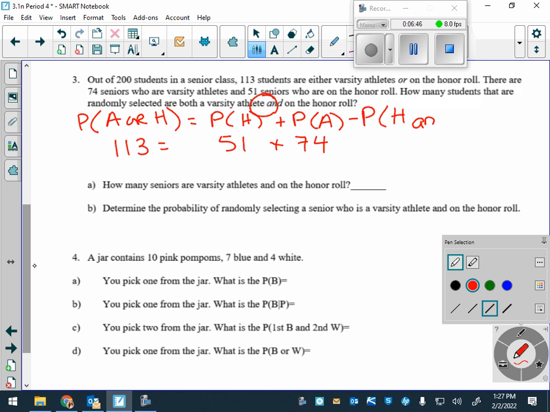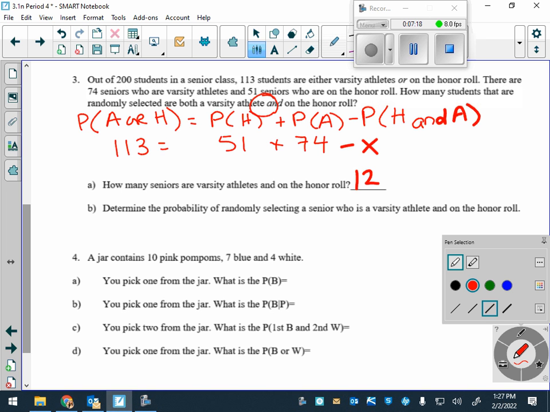We don't know what honor roll and athlete is, so we always replace it with a variable. So now we solve. 51 plus 74, we have to subtract that from 113 and divide by negative. How many seniors are varsity athletes and on the honor roll? Addison. 12.